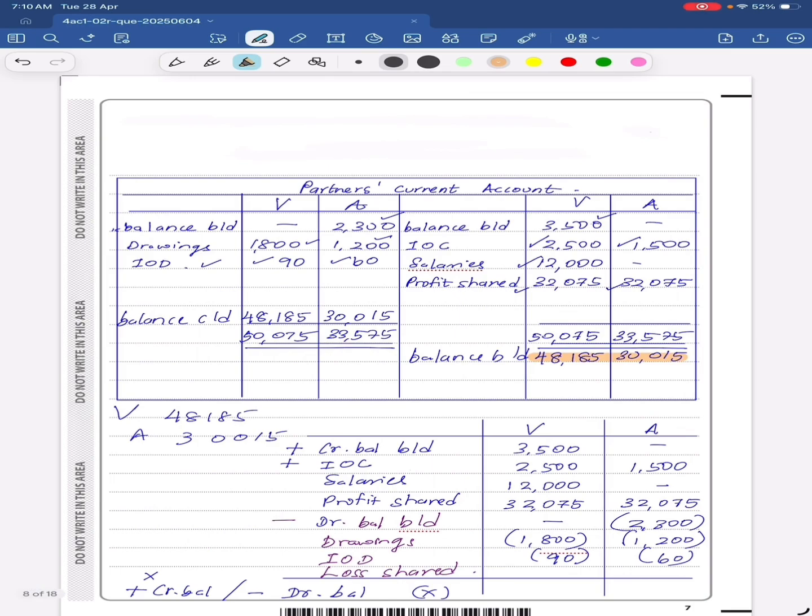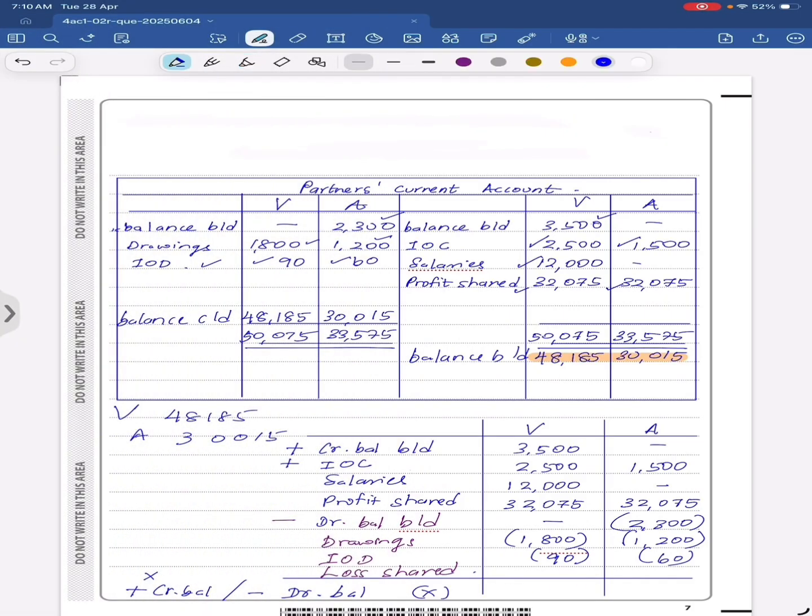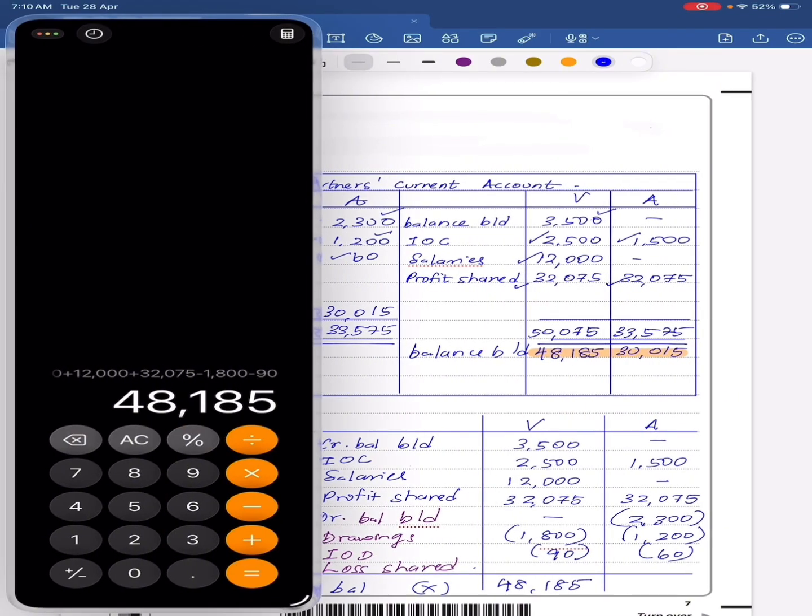Now let's see if we get the same amount using the next format. 3,500 plus 2,500, 12,000 plus 32,075. From this you deduct 1,800 and take away 90, which should be 48,185. Since it's a positive figure, we consider it as a credit and add it in the SOFP.